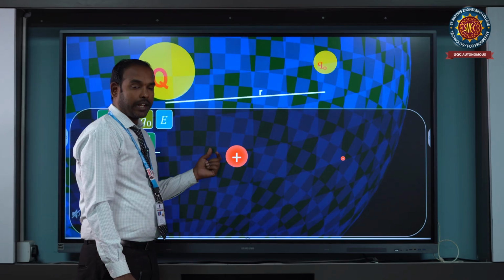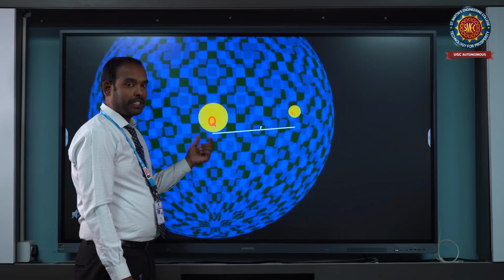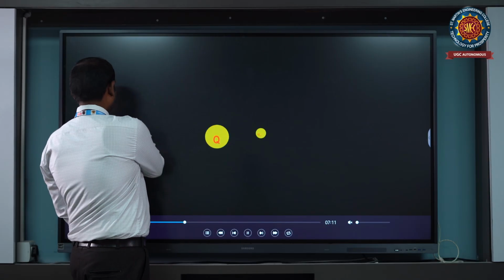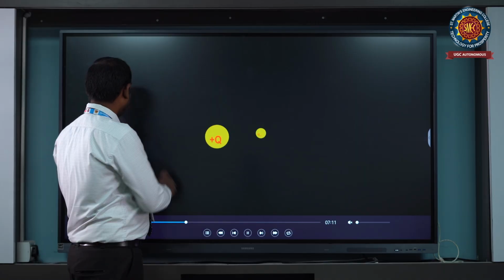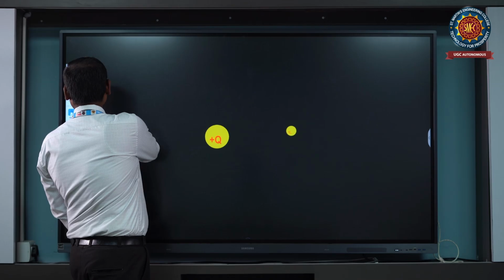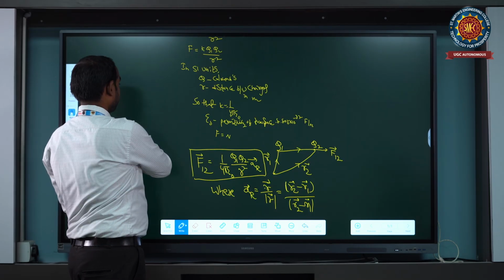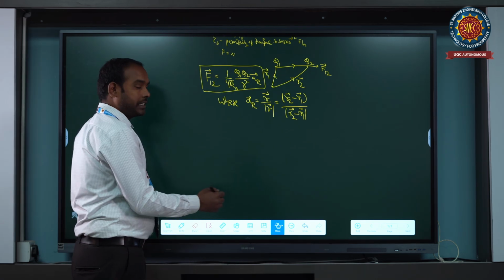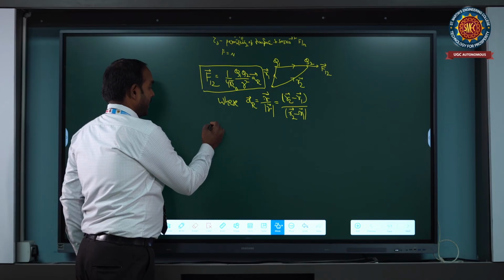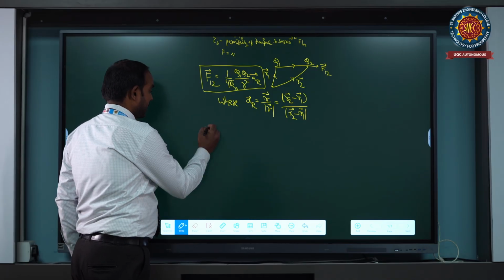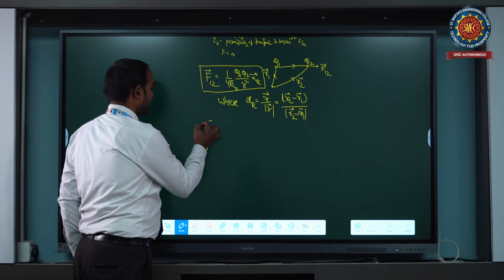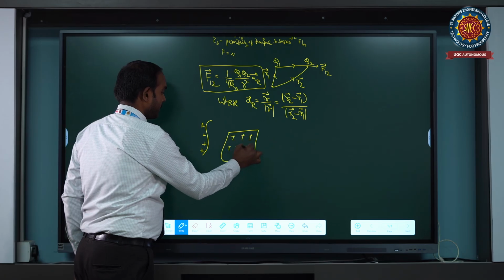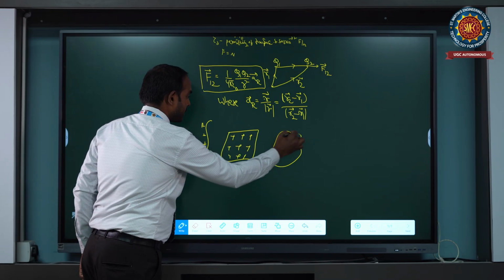We have electric fields due to point charges, and we also have electric fields due to different charge distributions like line charge, surface charge, and volume charge.